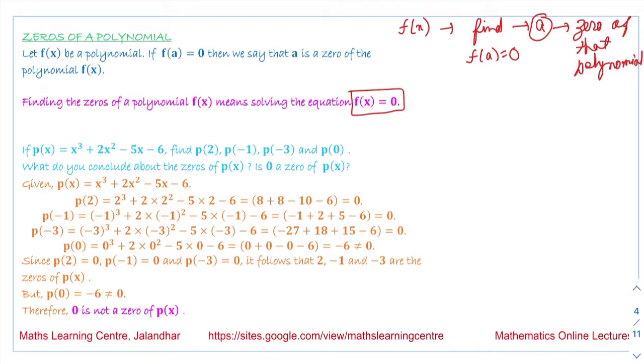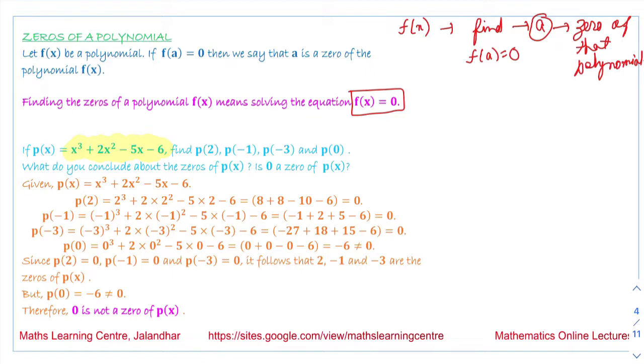When we are asked to find the zeros of a polynomial, it means whatever polynomial is given to you, we have to find such values of x for which that polynomial is 0. That is called the zeros of the polynomial. We look at this definition with the help of the next example. p(x) is given to us, it is x³ + 2x² - 5x - 6.